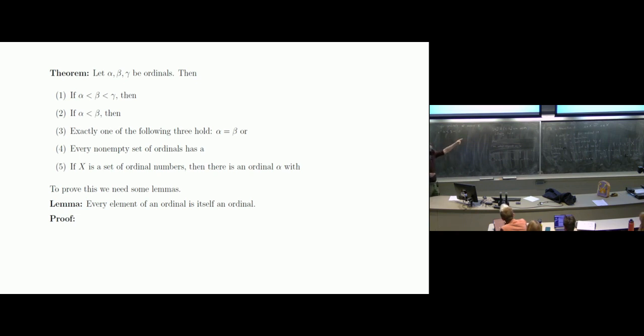Because I'm using the less than symbol, we would hope that it satisfies certain properties that the less than symbol satisfies. So if alpha is less than beta is less than gamma, then alpha is in beta is in gamma, therefore what? Alpha is in gamma, because what would imply that? This is what we want. Because I'm writing using a symbol which is transitive, I would like the relation to be transitive.